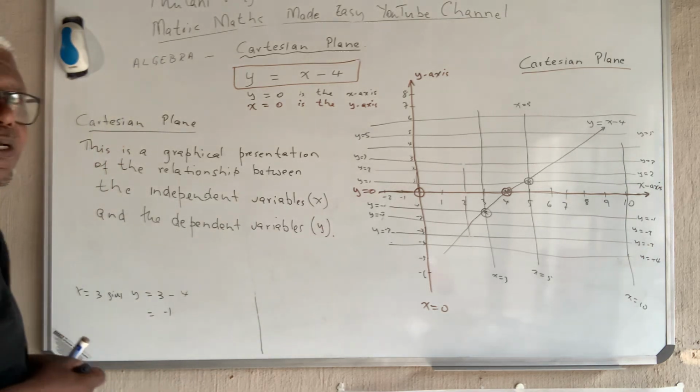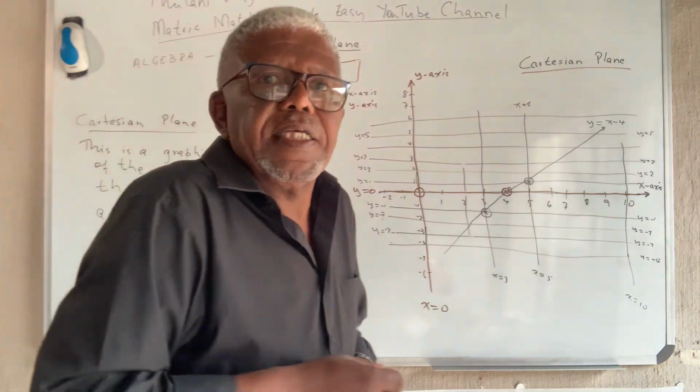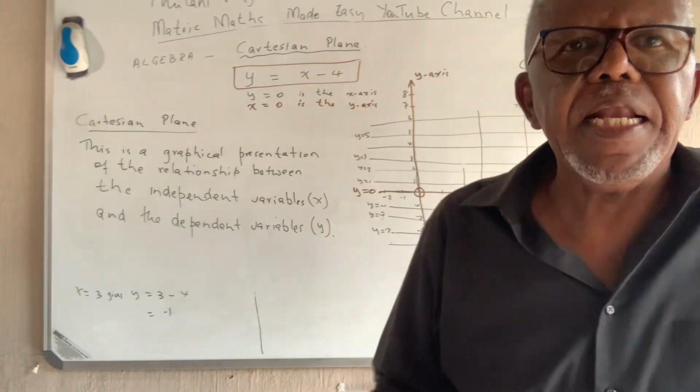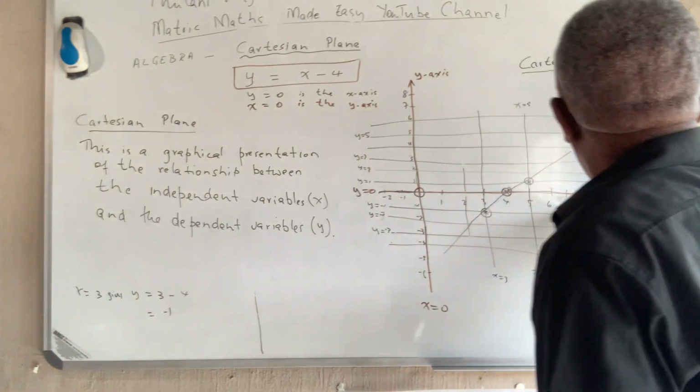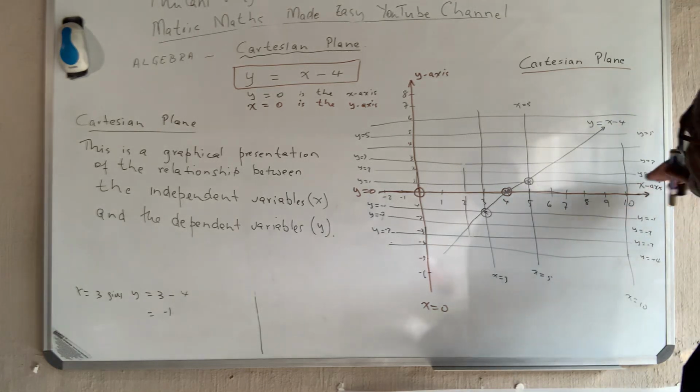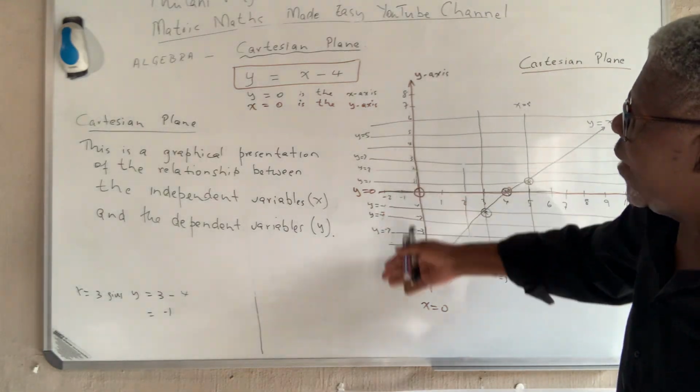So whenever you see the Cartesian plane, it will show you the relationship between the independent variables on the x-axis and the dependent variables on the y-axis.